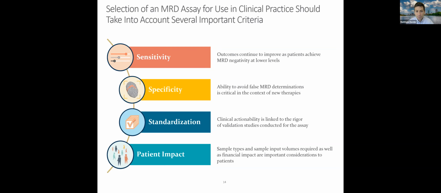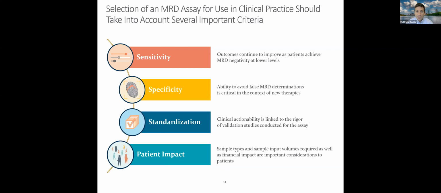But we also need to have what we call specificity, meaning we don't want MRD tests that come back falsely positive when they're actually negative. And that's, as we'll talk about, going to be particularly critical as we move toward the future in CLL, where I think the duration of treatment is going to be guided by the MRD test. So we don't want to be under-treating patients who have falsely negative MRD tests. We don't want to over-treat patients who have falsely positive MRD tests. So these test characteristics are very important.